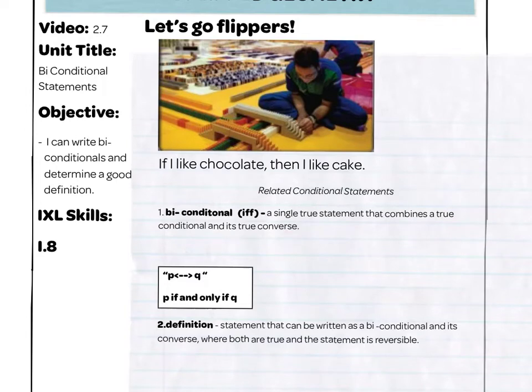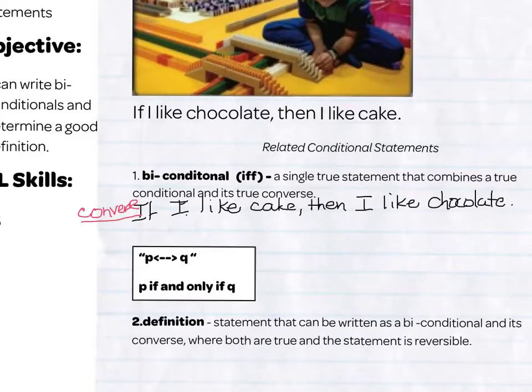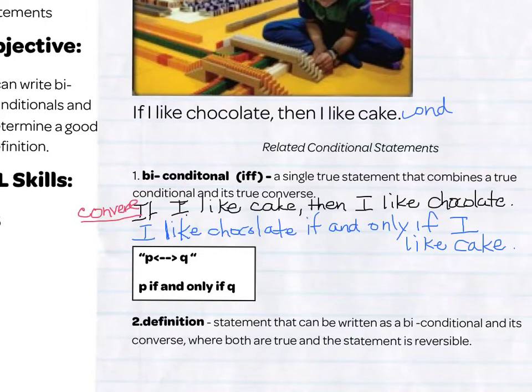So let's actually write a biconditional for our statement. The first thing we need to do is write the converse of the statement that we have right now. Here's our converse: if I like cake, then I like chocolate. The biconditional is going to combine both the conditional with this converse. And here it is. Our biconditional statement is, I like chocolate if and only if I like cake.